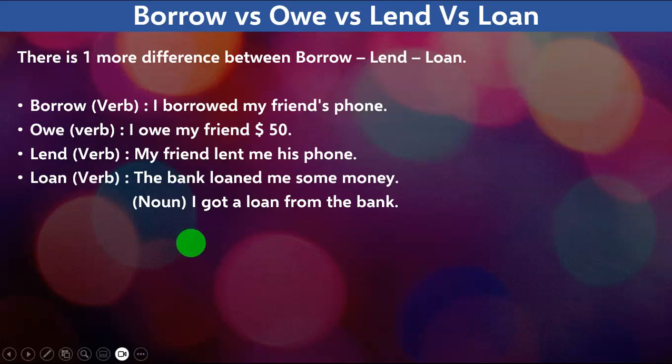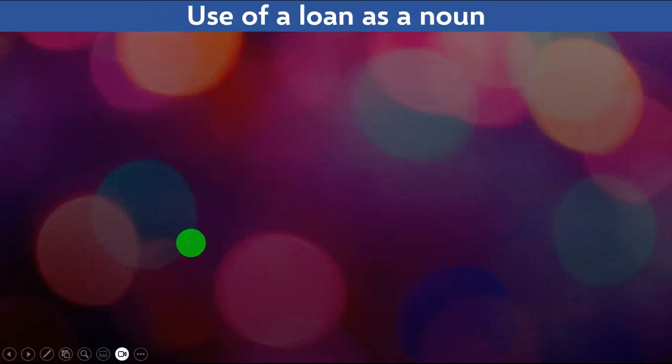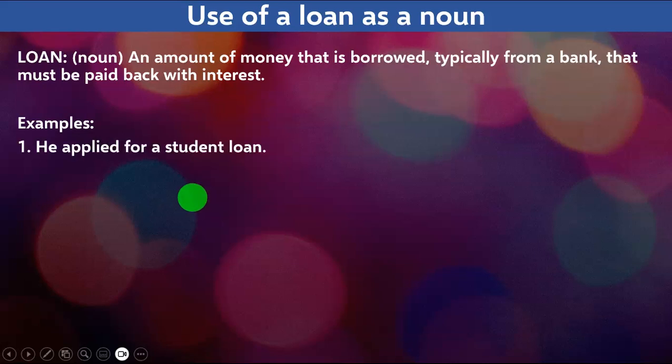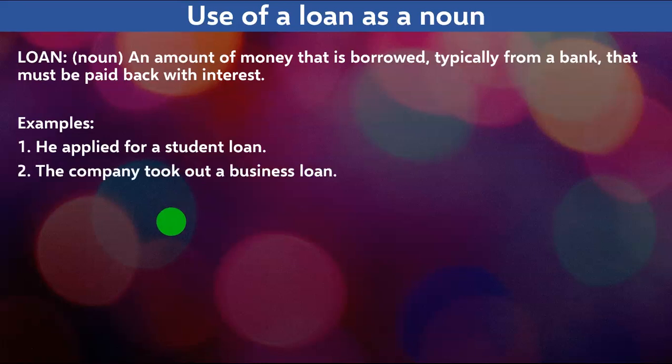Okay, let's move on and understand the use of the word loan as a noun. Loan: an amount of money that is borrowed, typically from a bank, that must be paid back with interest. Let's look at a few examples. He applied for a student loan. Now, in this case, it is a noun. The company took out a business loan.